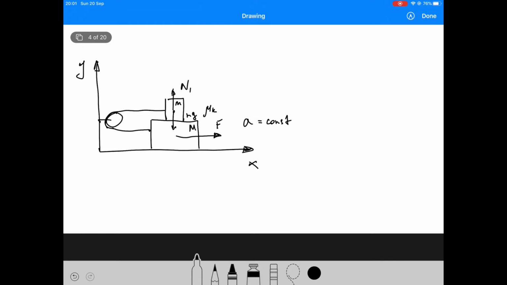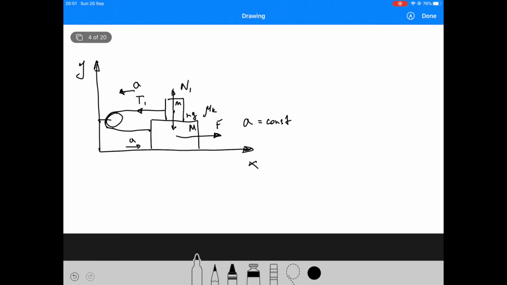Since this bottom body moves to the right, the top one will move to the left. We have some tension directed to the left in the rope, which is T1. So we have some acceleration in this direction, and here we have acceleration in this direction.